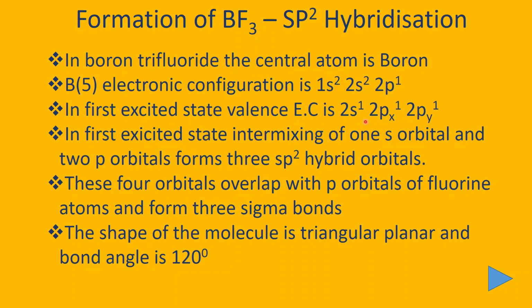In the first excited state, intermixing of 1 s orbital and 2 p orbitals forms 3 sp2 hybrid orbitals. These 3 sp2 hybrid orbitals overlap with p orbitals of fluorine and give 3 sigma bonds, not 5 sigma bonds. There is a mistake here.